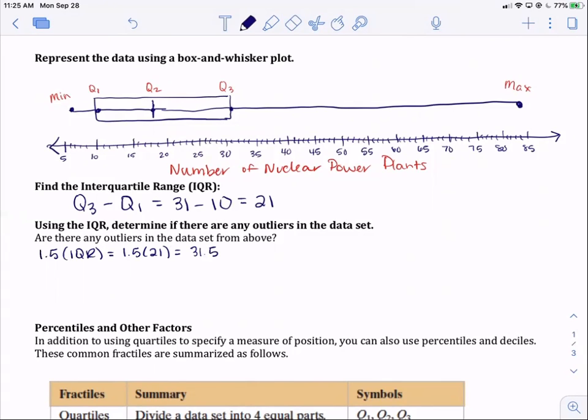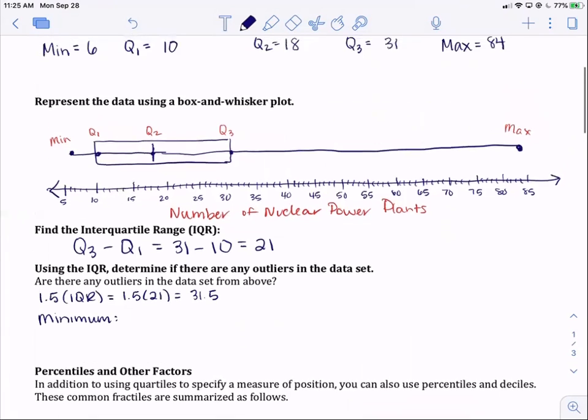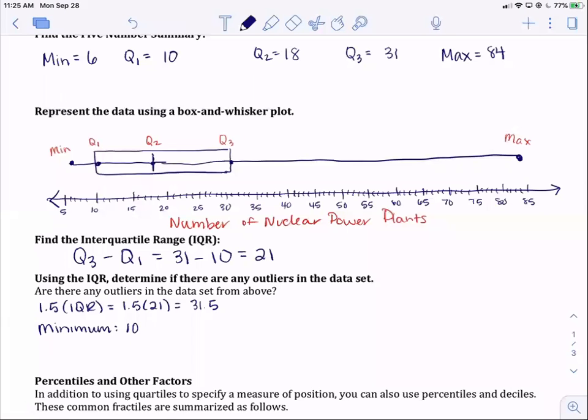And then we're going to subtract that from our Q1 to find our minimum value. Q1 was 10, so we're going to do 10 minus 31.5, which would give us negative 21.5. So do we have any values in our data set that are less than negative 21.5? No. So we're good there.